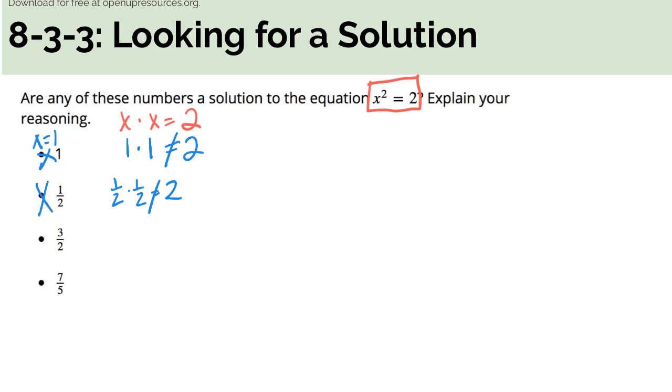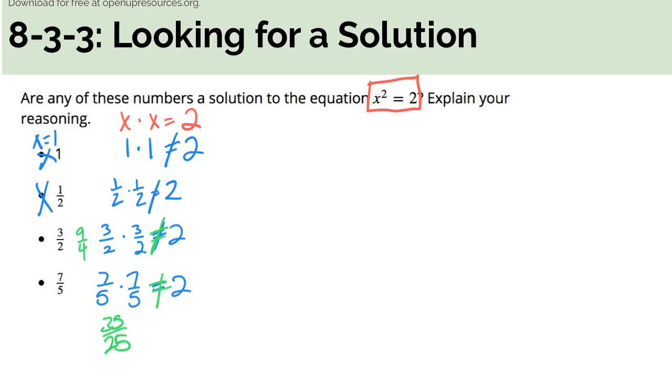Try the next two and start again when you're ready. In our third one here, 3 halves times 3 halves, that would equal 9/4, which is not equal to 2. And the last one, 7/5 times 7/5, that would be 49/25, and that is also not going to be equal to 2.